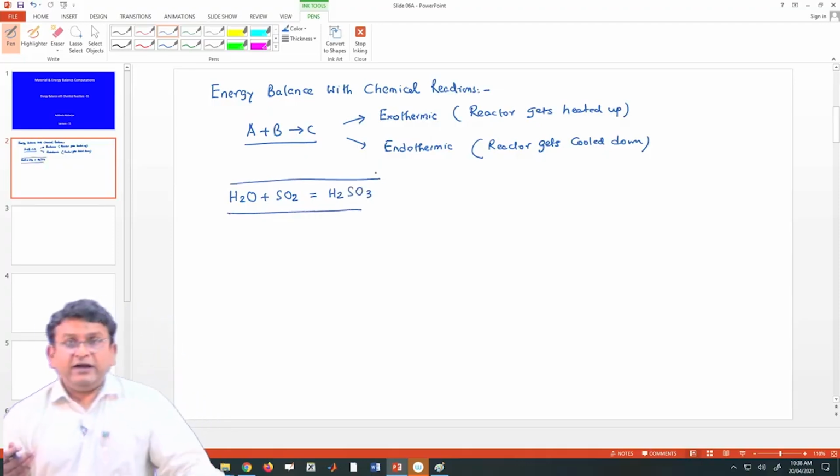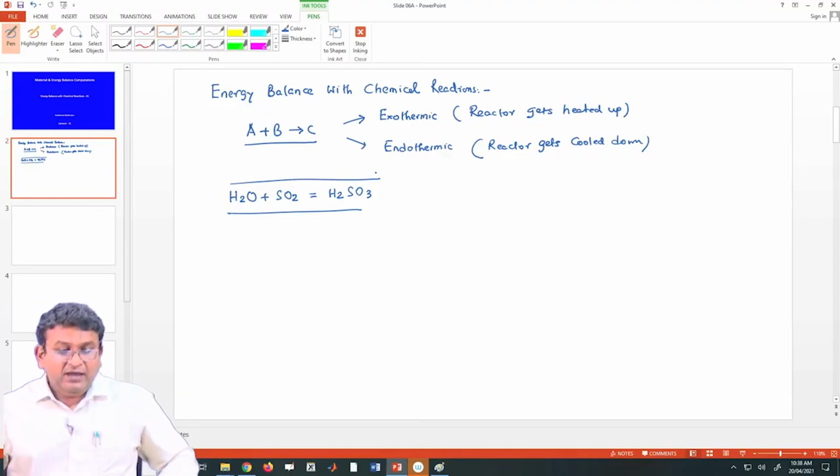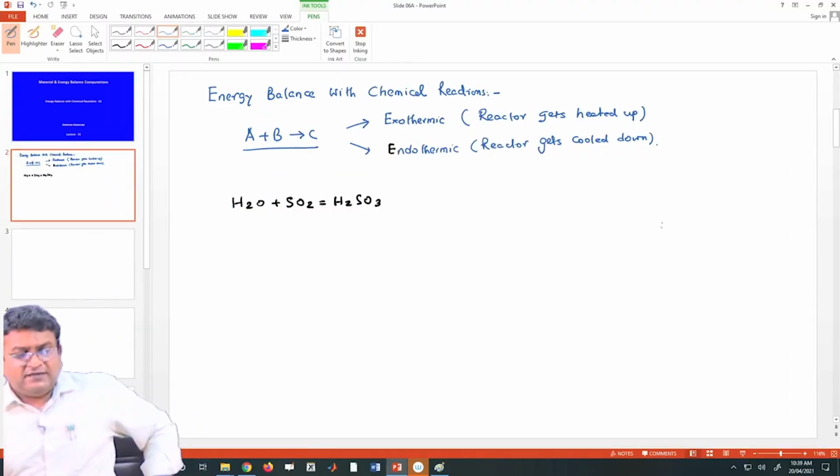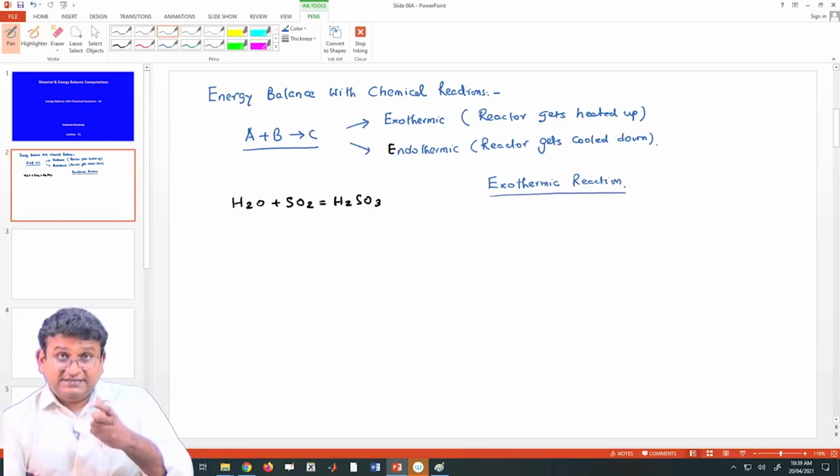So, let us try to understand what an exothermic reaction is. What exactly is happening in an exothermic reaction? You see the reactor gets heated up.